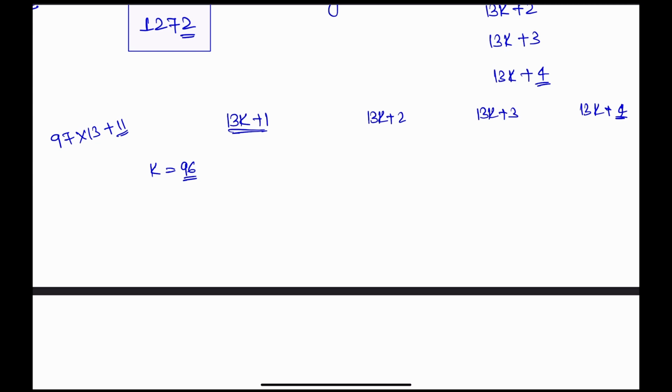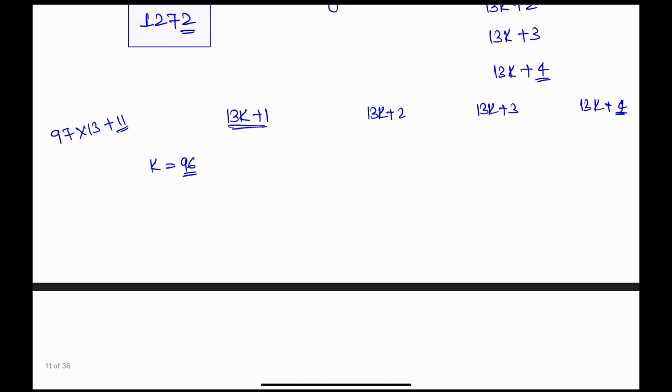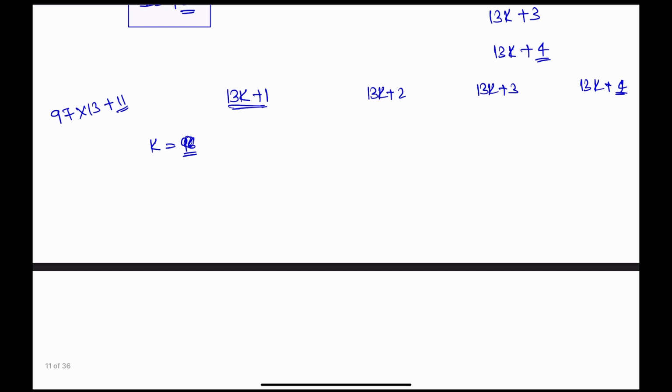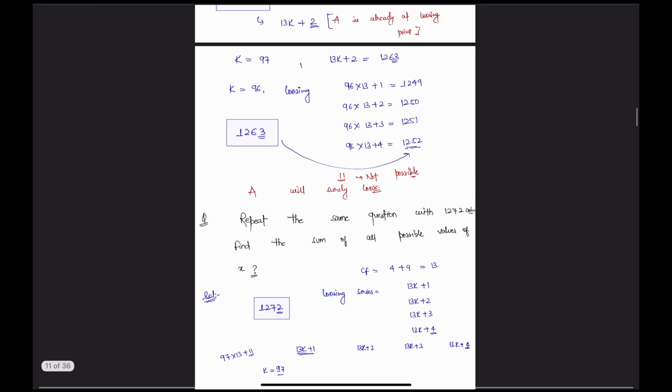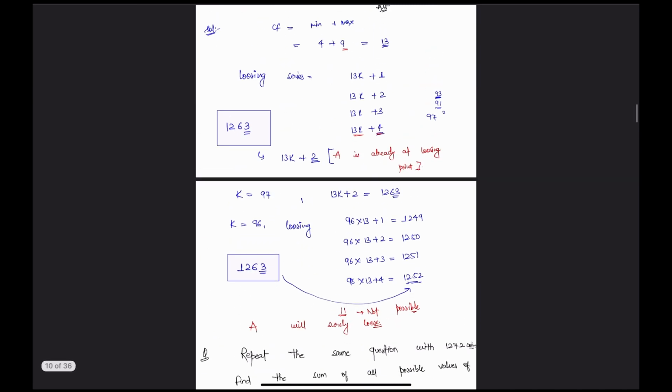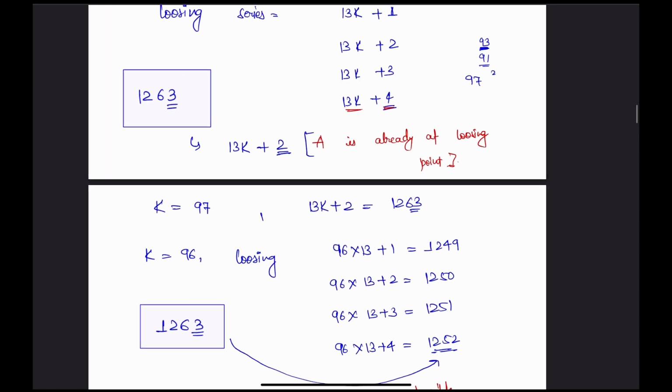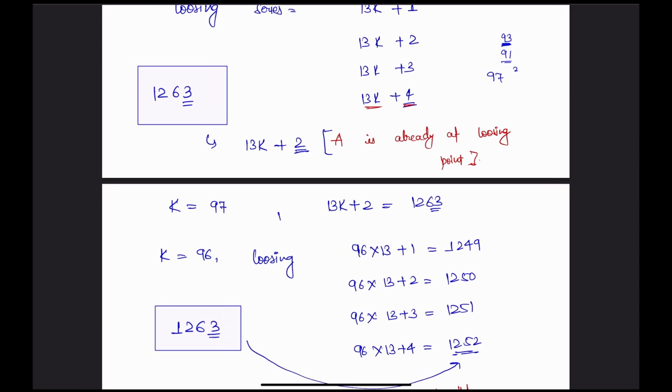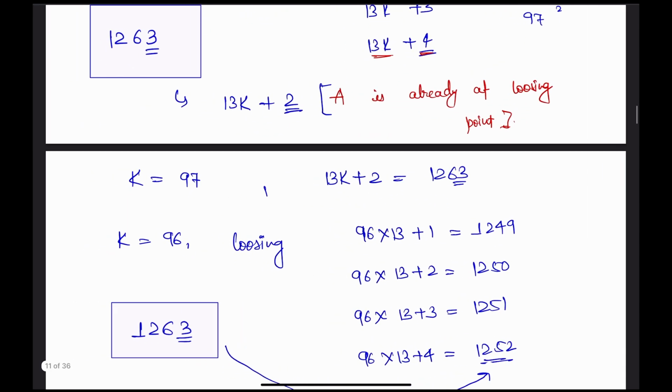Let's take k as 97 only, I think 97 is good enough. If k is 97, then 13 into 97 plus 2 is 1263. So 13 into 97 is 1261.